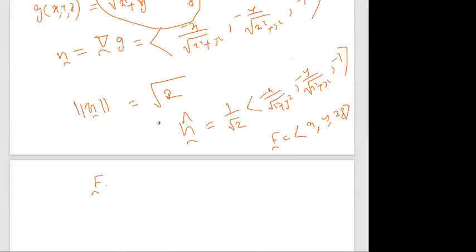This one times this gives x squared, plus y squared when you simplify.